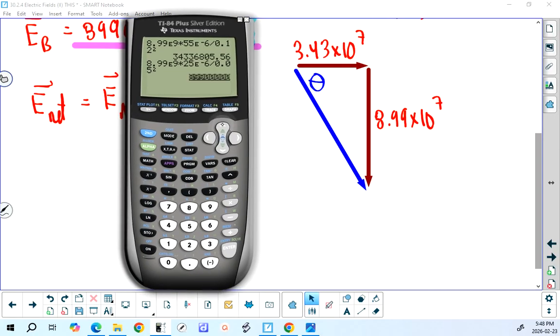I'm going to take that and square it and add this and square it. Pythagorean theorem says you square the leg plus the square of the other leg equals the square of the hypotenuse. So I hit enter, and now I take the square root to get the magnitude of 9.6 times 10 to the 7 newtons per coulomb.